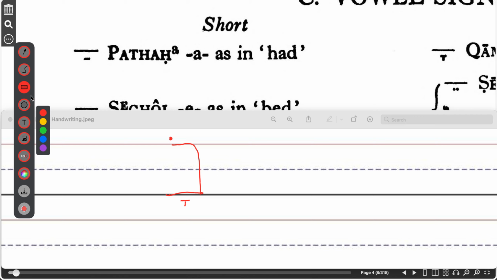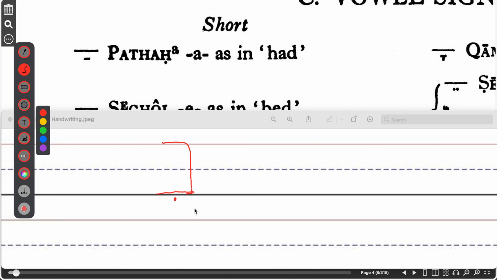Sagol, let's see if I can erase this part here. Nope, it's not really erasing for me, so let me just draw it again. Oops, gotta get onto my line here. Line draw. So draw it again. So, not the perfect letter, but then I could try other forms. Like this is my hirek here.